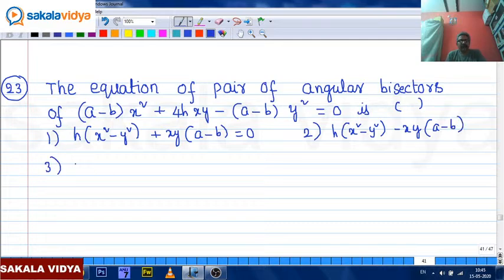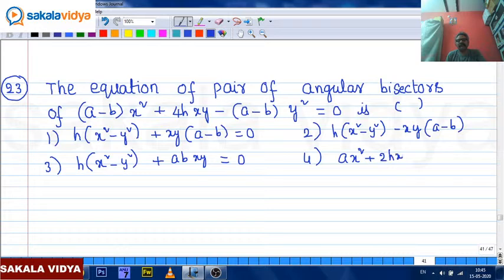Third option: h times x square minus y square plus abxy equal to 0. Fourth option: ax square plus 2hxy plus by square is equal to 0.